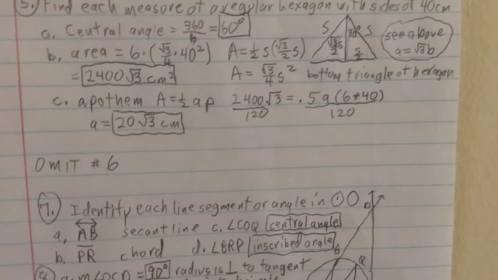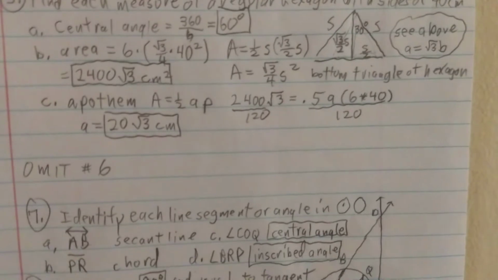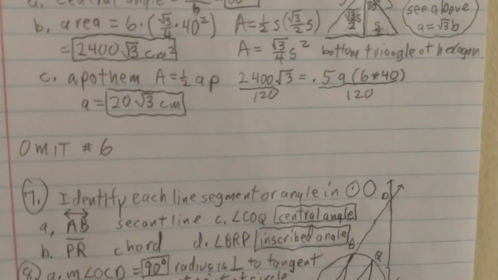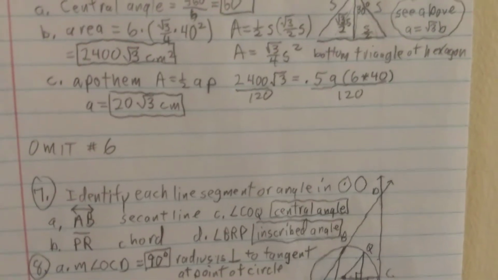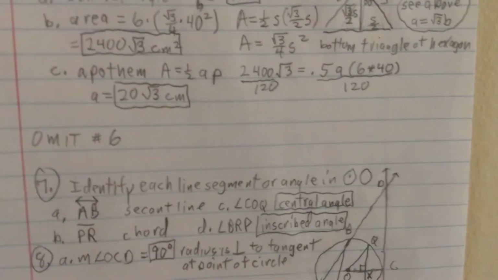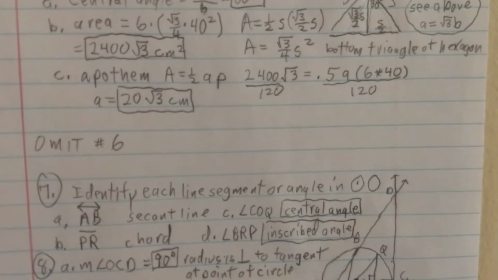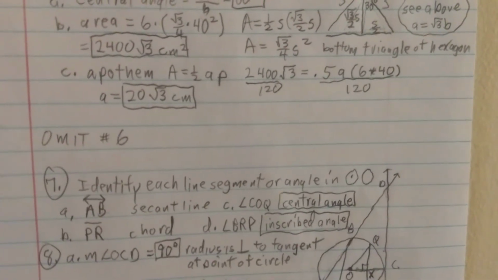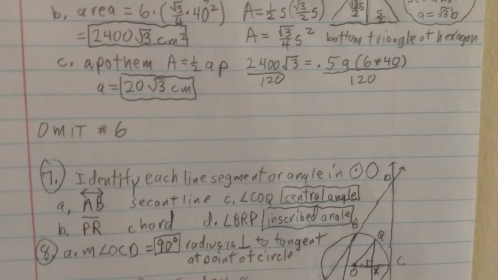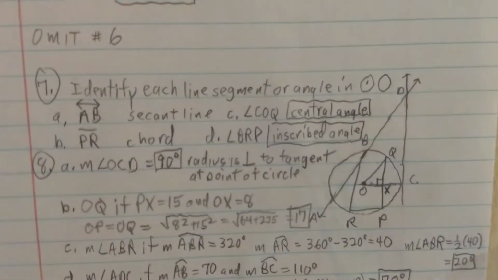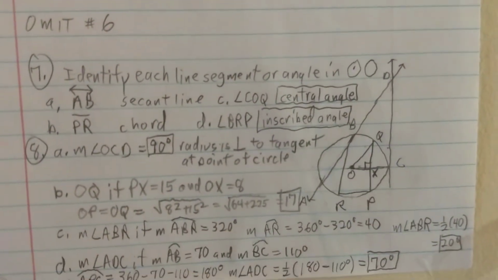And so, therefore, 0.5 times 6 is 3, 3 times 40 is 120, so we can divide both sides by 120 and just be left with the apothem, which is what we want, and have 2400 over 120, which is just 20 square root of 3, okay?